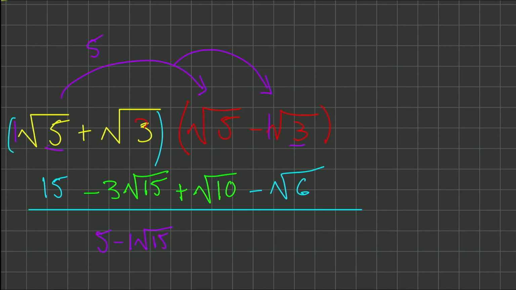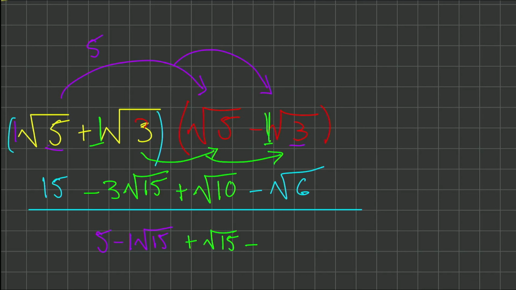Now, what we can actually do is do this part. We're foiling. Root 3 times root 5 gives us plus root 15, because this is positive. Now we have root 3 times root 3, and pretend there's invisible 1s here again. We have 1 times negative 1 gives us negative.